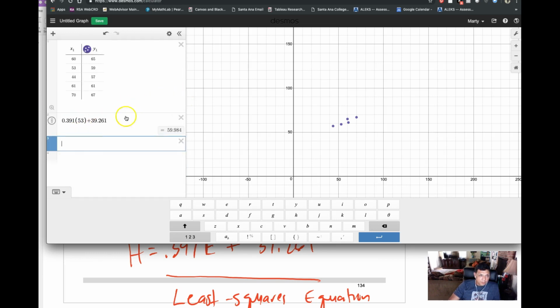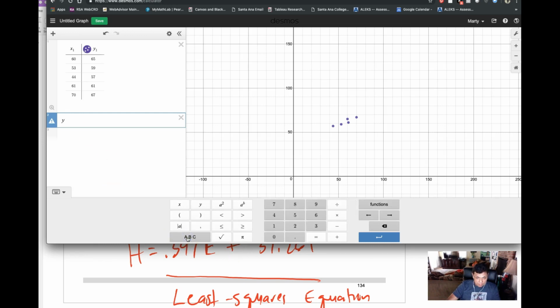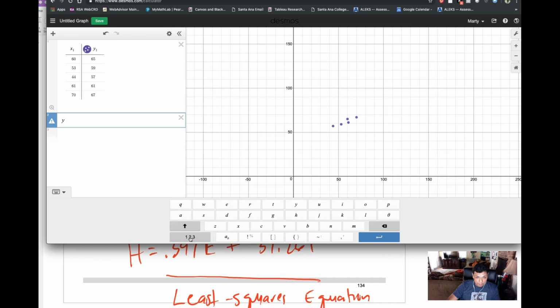And in order to do that, you would say y1, and then type y for the equation, and then a 1 right after. Or you use the little subscript right here, that one, y1.